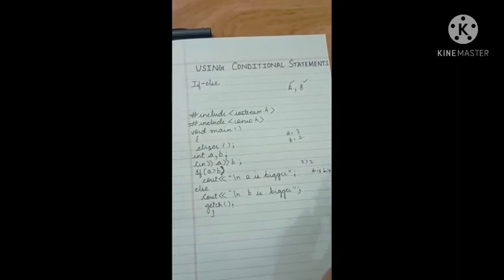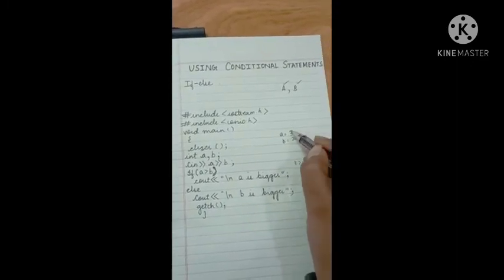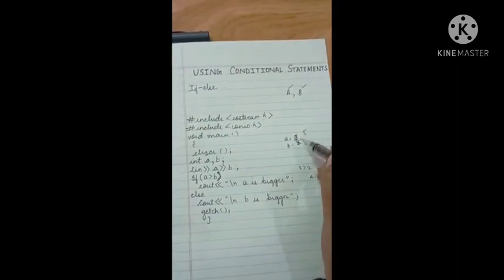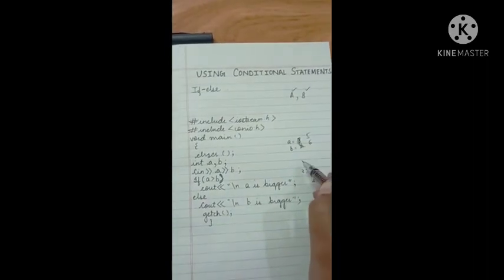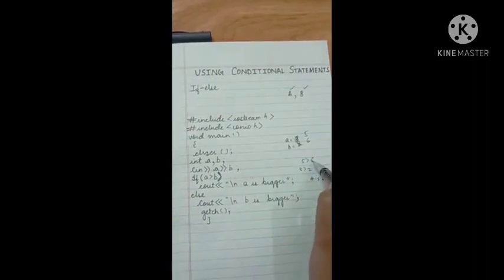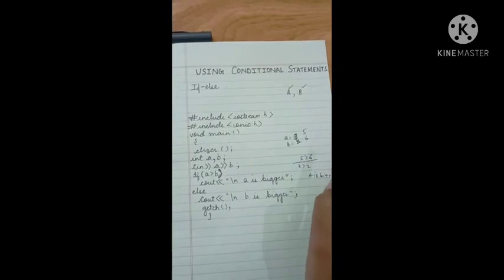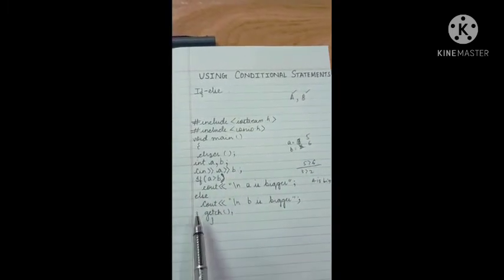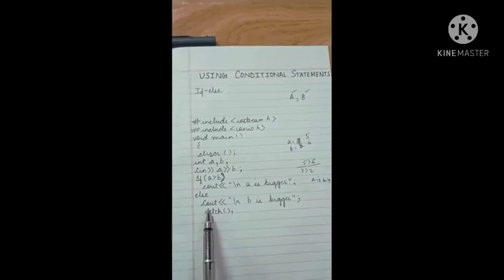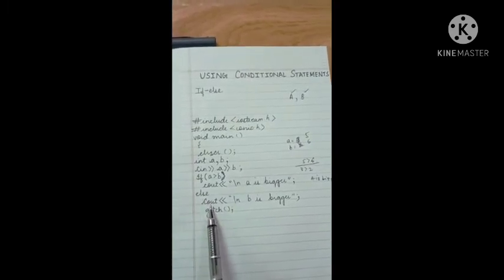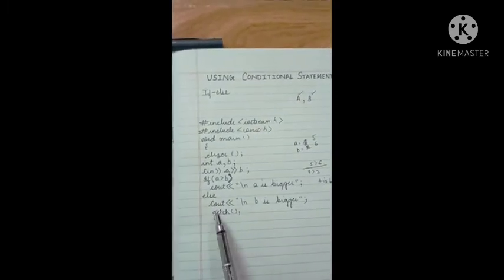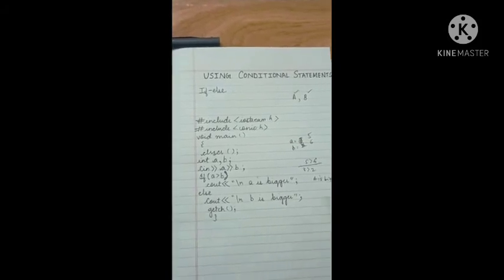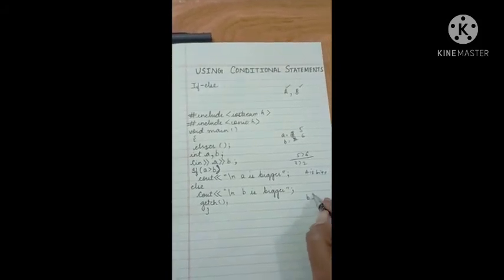Now suppose a is equal to 5 and b is equal to 6. Is 5 greater than 6? No, so the condition is false. The computer will execute the statement after else and print b is bigger.